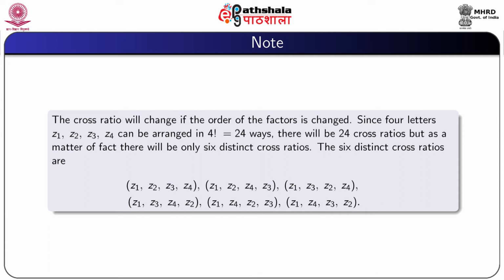But as a matter of fact, there will be only 6 distinct cross ratios, and the 6 distinct cross ratios are the cross ratio of Z1, Z2, Z3, Z4, Z1, Z2, Z4, Z3, Z1, Z3, Z2, Z4, Z1, Z3, Z4, Z2, Z1, Z4, Z2, Z3 and Z1, Z4, Z3, Z2.